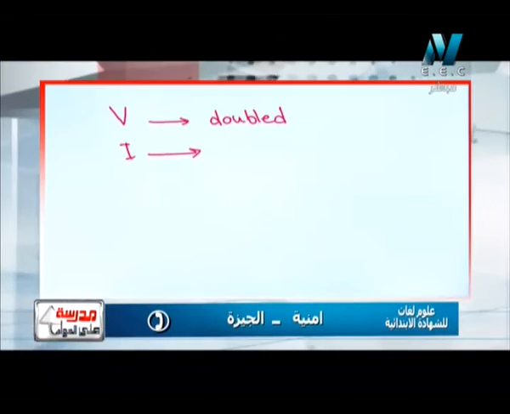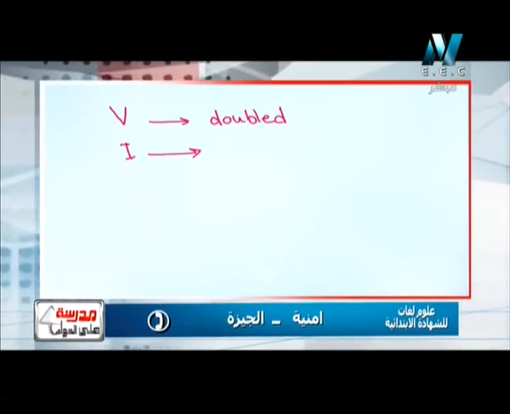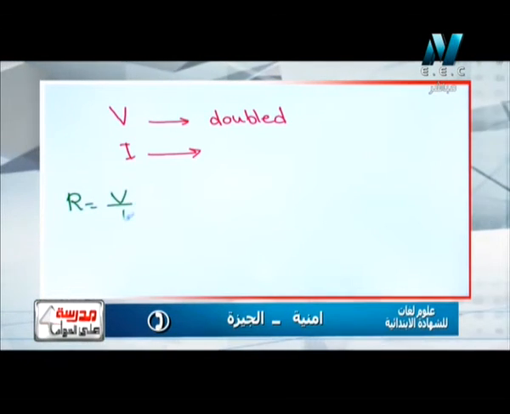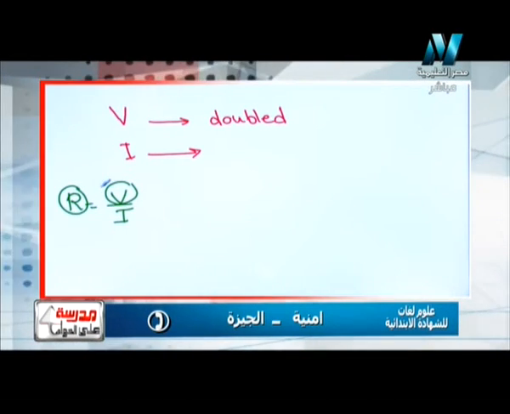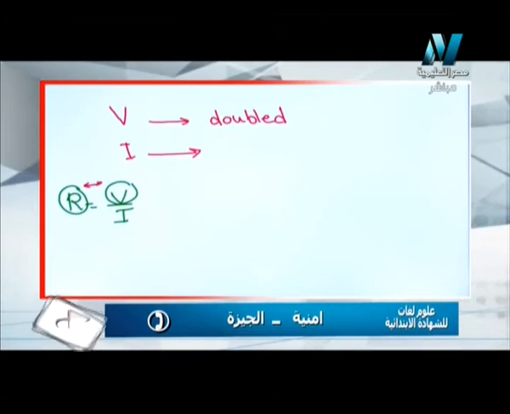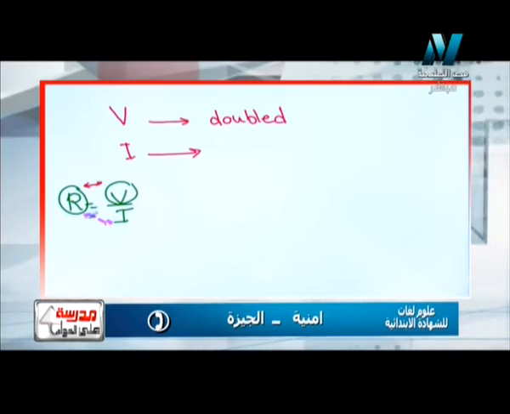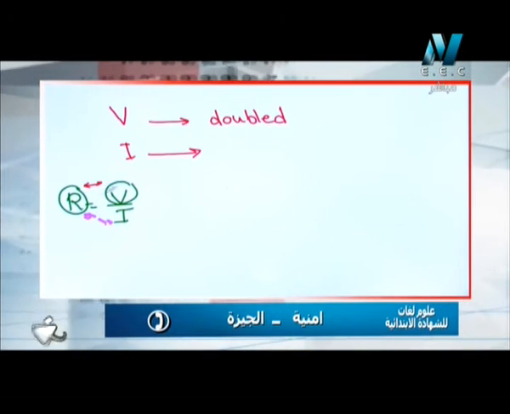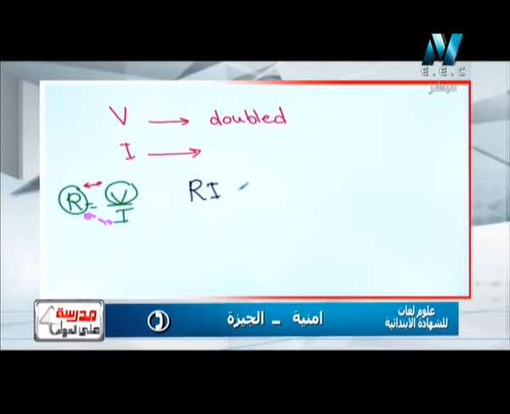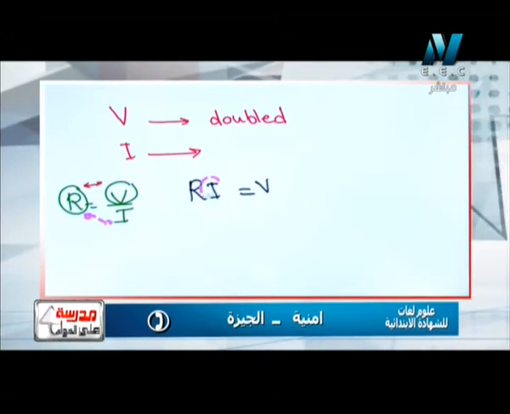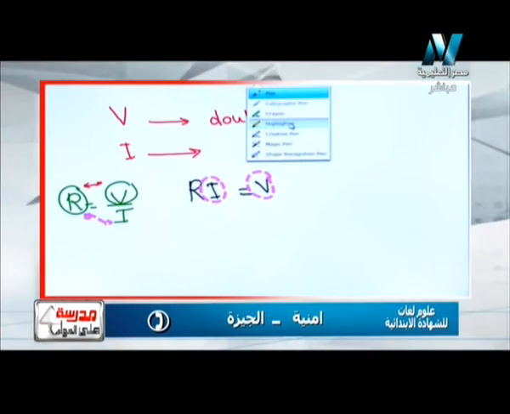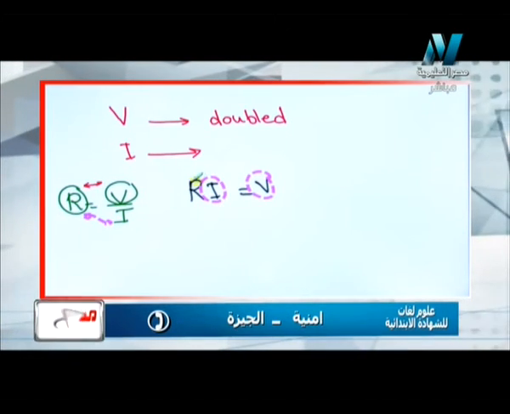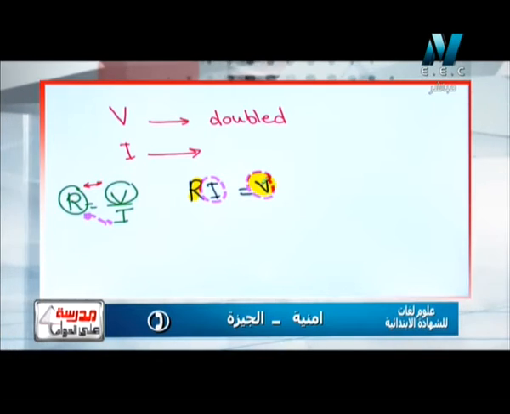Look at the screen in front of you. If I take R equals V over I, the relation between R and V is directly proportional. The relation between R and I is inversely proportional. Very good. If I do cross multiplication, RI equals V. The relation between I and V is directly proportional. Excellent. And R and V directly.